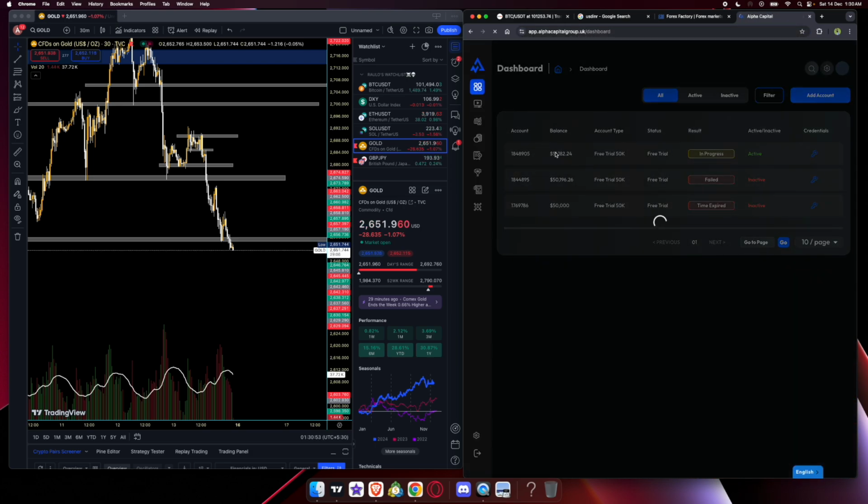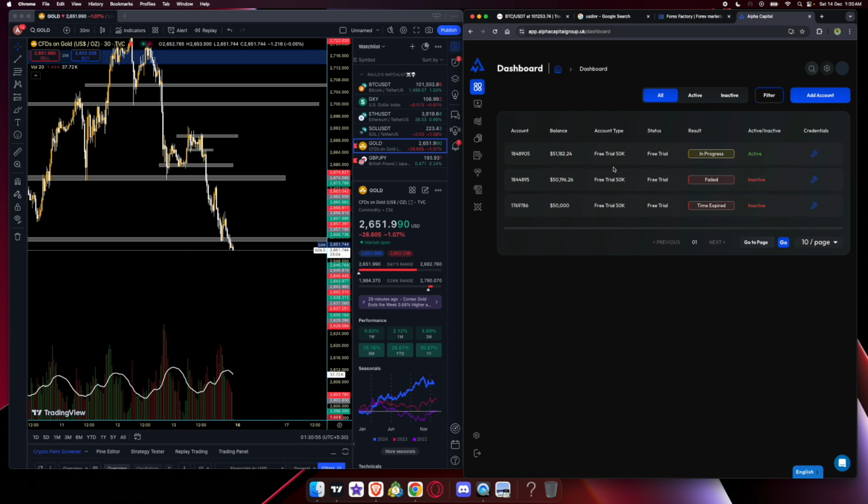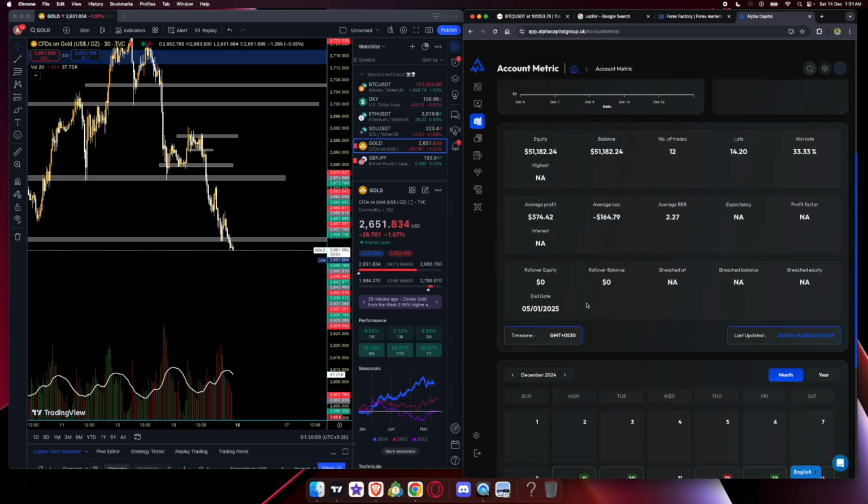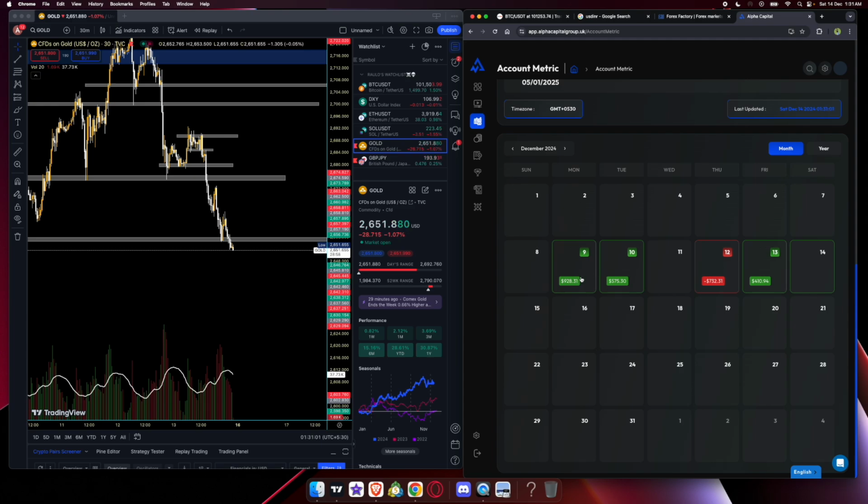Let me show you. This is the funded account in which I am trading now, the $50,000 funded account. Let's see the daily progress. On the first day we made about 2% gain. On the second day we made more than a 1% gain, and on the third day there was no trading day, no setups were formed, so I didn't execute an order and didn't trade anything.